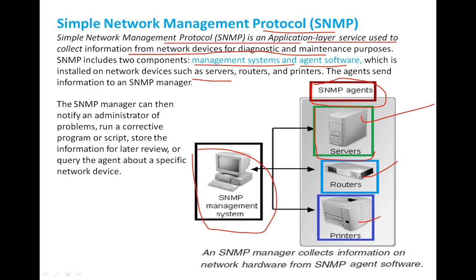The SNMP manager can then notify an administrator of a problem, run a corrective program or script, and store the information for later review. The agent provides all the information to the SNMP manager: this is the problem with this device, and this is the solution.